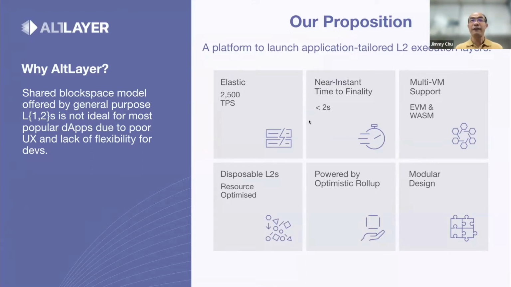We have also tested about 2,500 transactions per second on our layer 2, and it supports multiple kinds of virtual machines. The most famous one is the EVM, so you can deploy Solidity smart contracts on ALtLayer. At the same time, we also support Wasms.